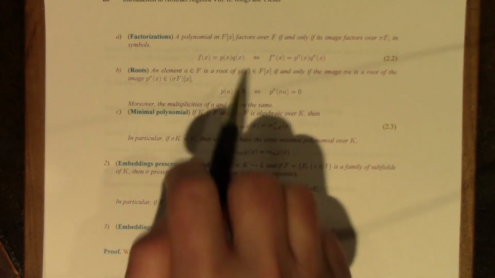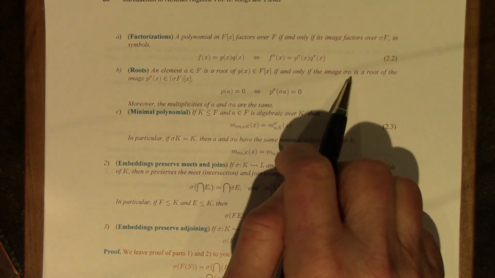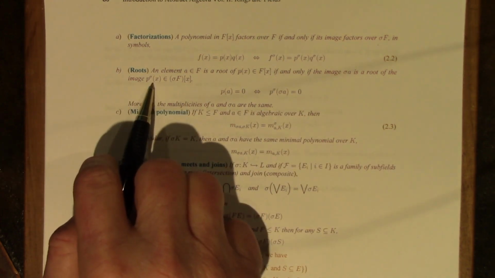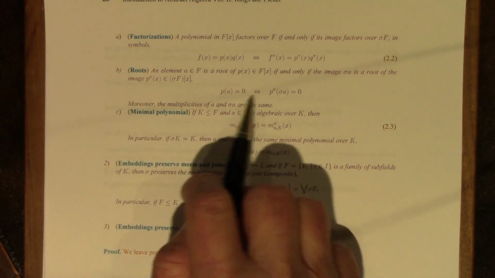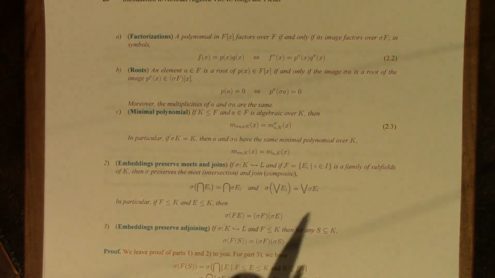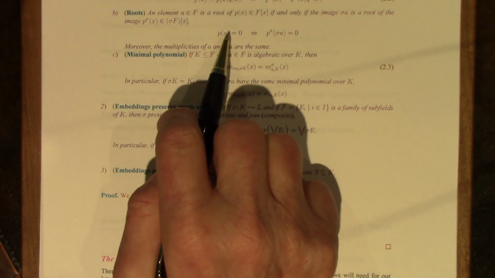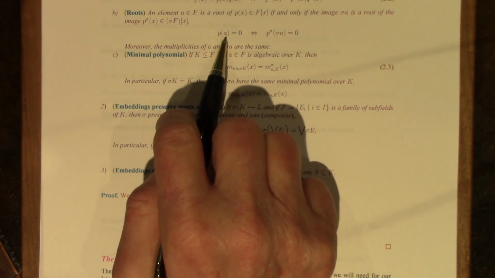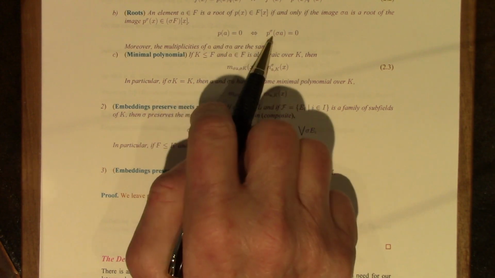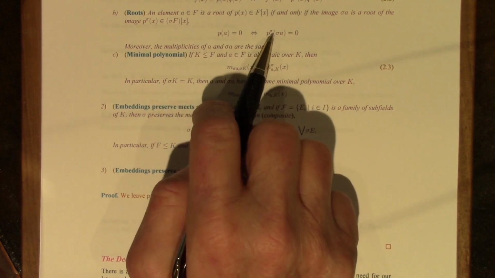An element a in F is a root of p of x if and only if its image, sigma a, is a root of the image polynomial. Again in symbols. And also, the multiplicities of a and sigma a are the same, and that is important.